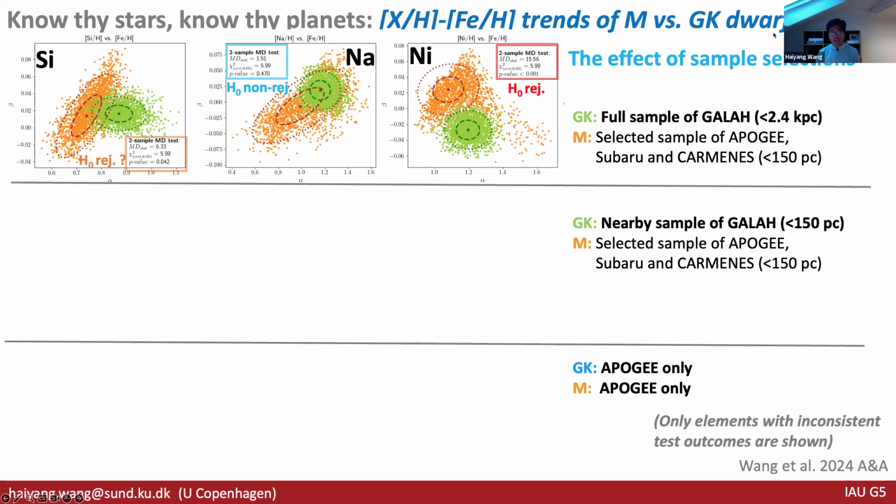So in the upper panel I show what we adopted here: the full sample of the GALAH database, which is up to 2.4 kpc, and also the samples from Apogee, Subaru, and CARMENES, which actually are contained within about 150 pc of the solar neighborhood. And so here are the 3 particular elements with the question mark rejection, non-rejection and clear rejection case.